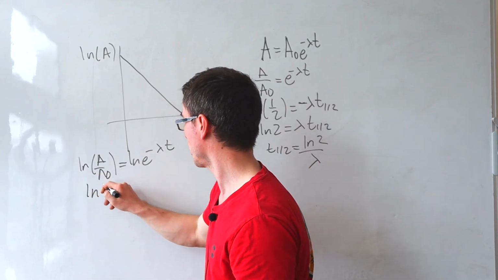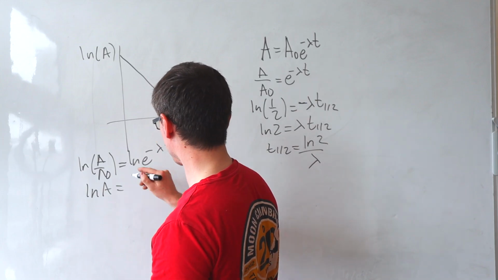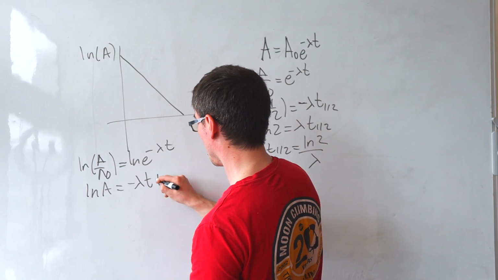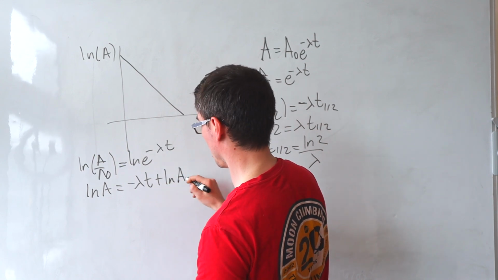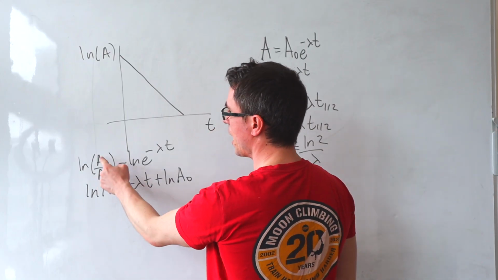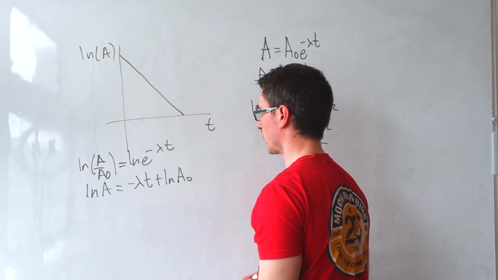So ln of A will be equal to minus lambda t plus ln of A naught, because ln of A over A naught is equal to ln of A take away ln of A naught, and I've just brought this to this side.